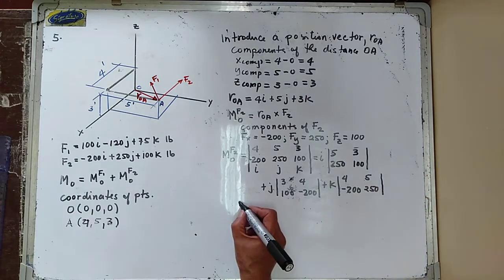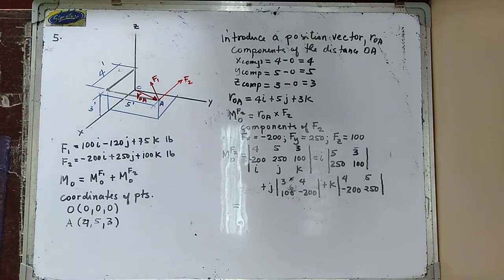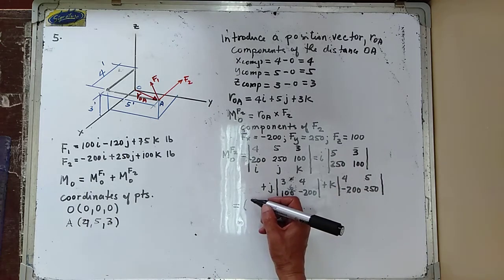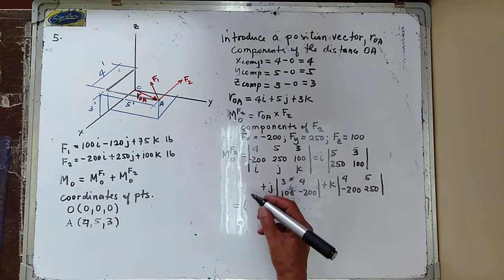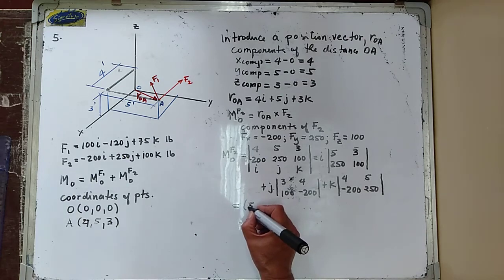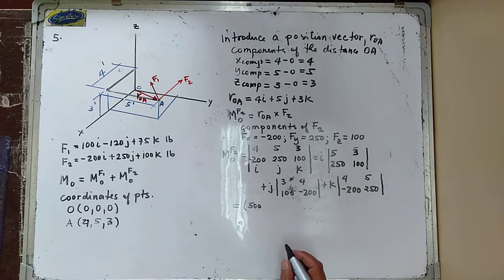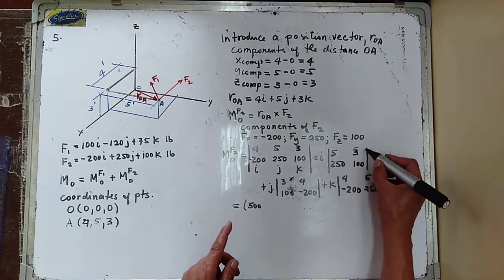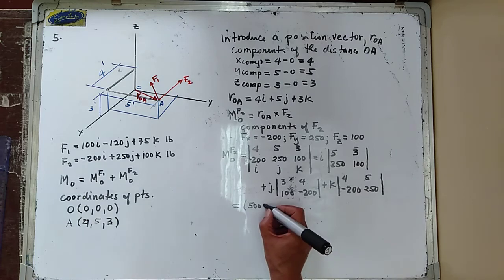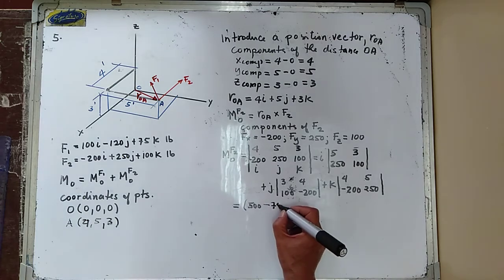So the moment of F2 about point O is now equal to 5 by 100, which is 500, minus 250 by 3, which is 750.